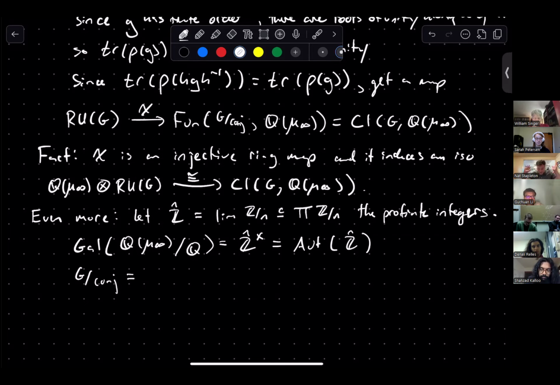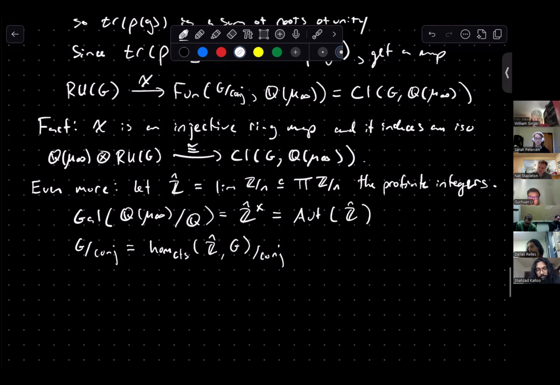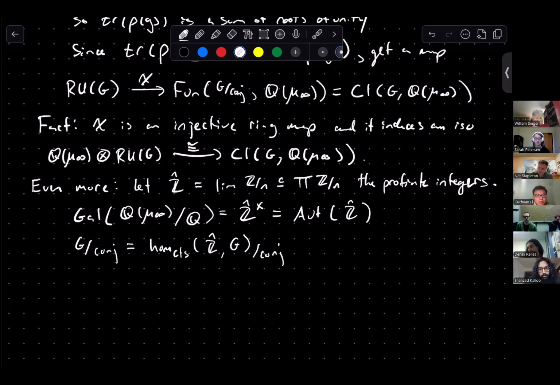I could say that G mod conj is the set of continuous maps from Z hat into G, where G acts on this by conjugation of continuous maps. And this shows me that the automorphism group of Z hat, which is Z hat times, acts on this by precomposition.